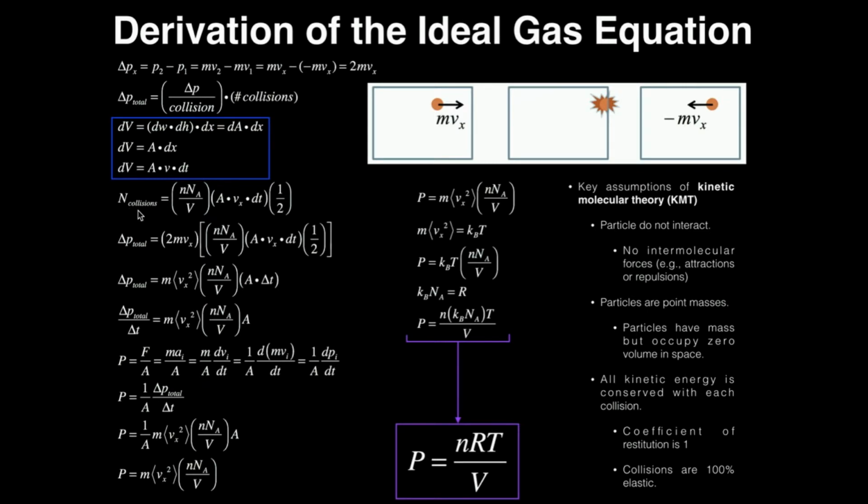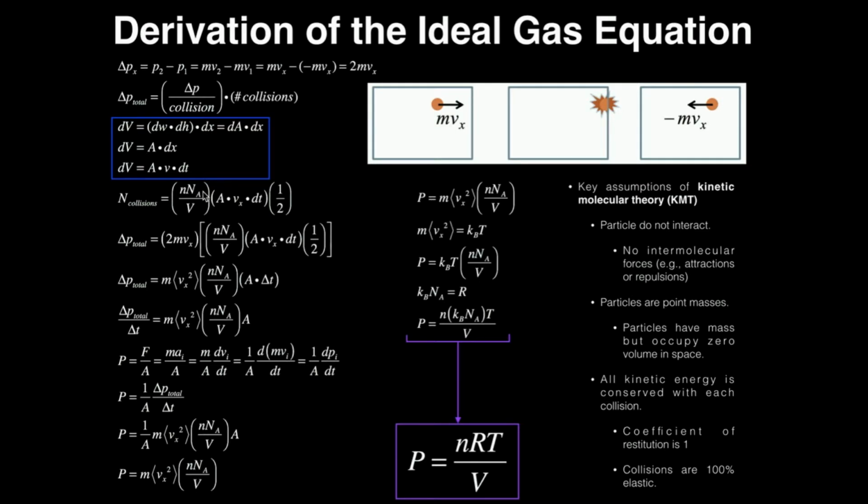Now, we also want to be able to determine the total number of collisions. So this number of collisions right here is going to be this N, big N, the number of collisions total. Well, I first have this concentration term. Why is it concentration? Well, I have moles on the top times N sub A. This is Avogadro's number.